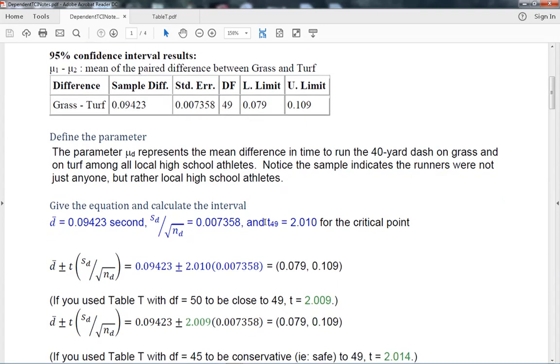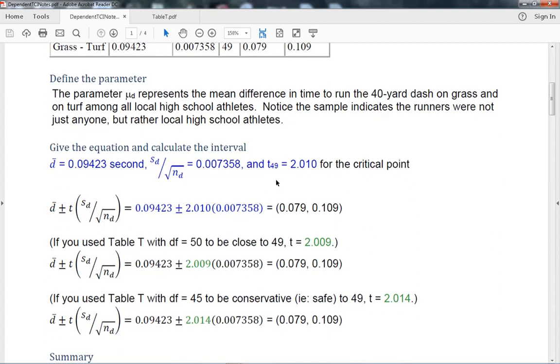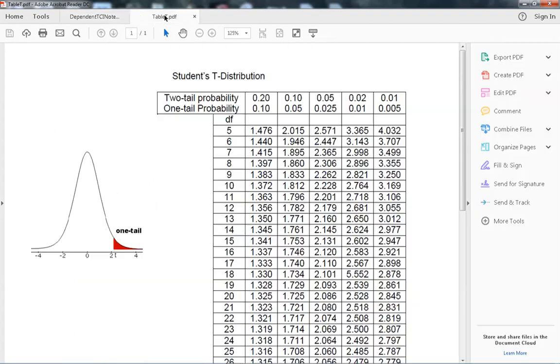Now if you tried to use table T for 49 degrees of freedom, that's not there, so we could use 50 degrees of freedom or 45. Now for 95% confidence, the two-tail probability would be the 5% not included in the 95%.